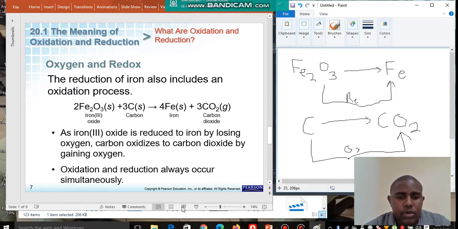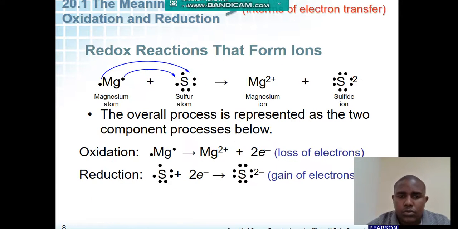Now let's check the other example. We saw that oxidation can be defined as the addition of oxygen to a substance, and reduction is the removal of oxygen from a substance.